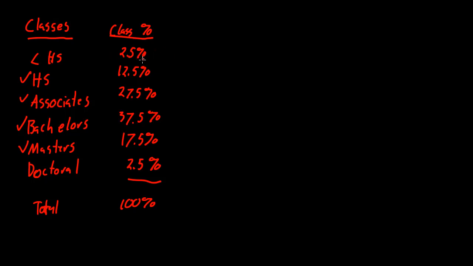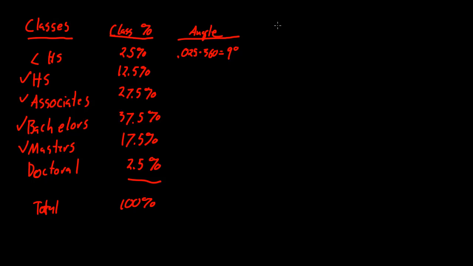So for our less than high school, we have 2.5%, which is again 0.025, and we multiply that by 360, and we get a total of 9 degrees. And that is just going to be our angle for the pie chart that we're creating.